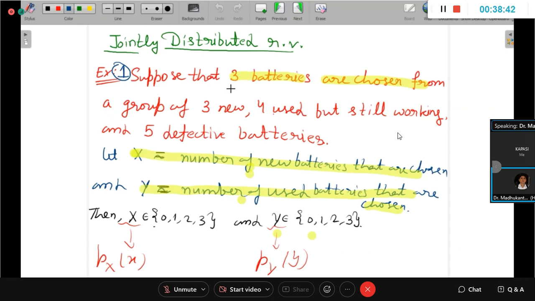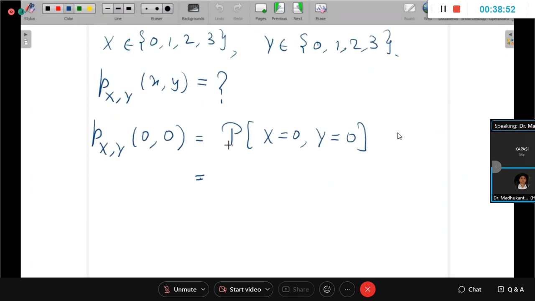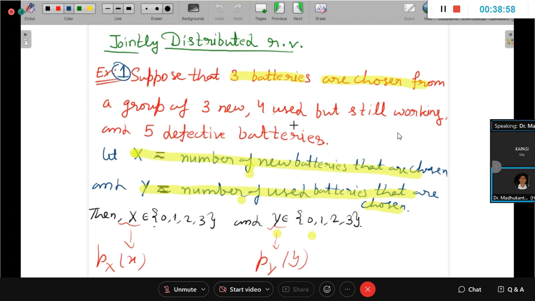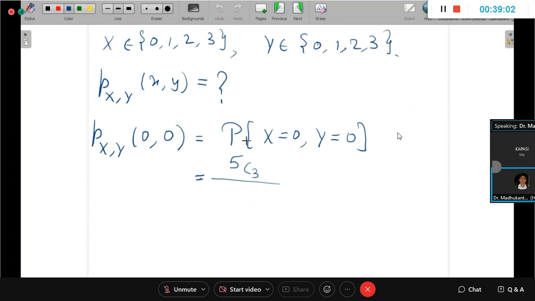The experiment is that 3 batteries are chosen, so out of 5, all 3 are defective. So the total favorable outcomes are 5C3, divided by the total, which is 5 plus 4 plus 3, so the total possible exhaustive cases are 12C3.